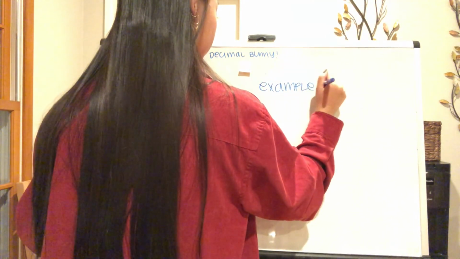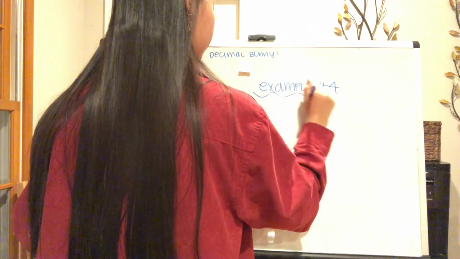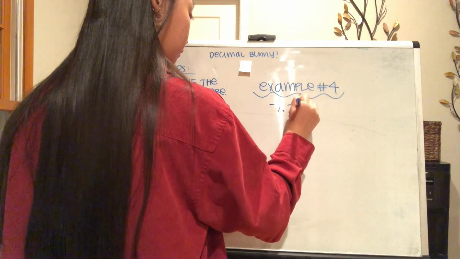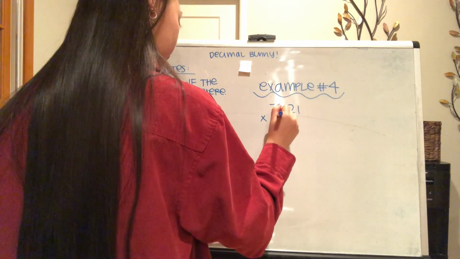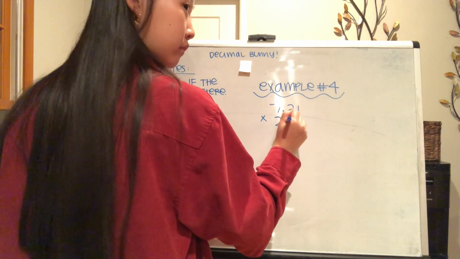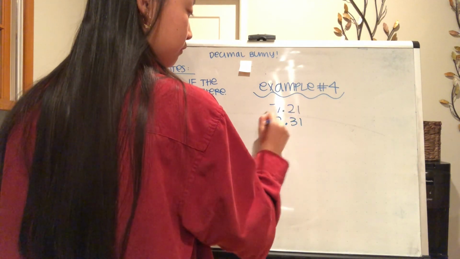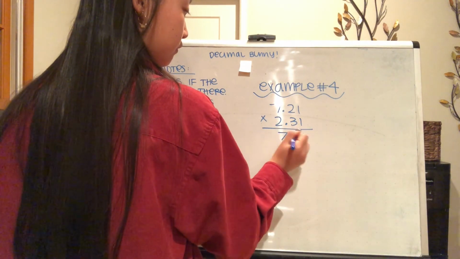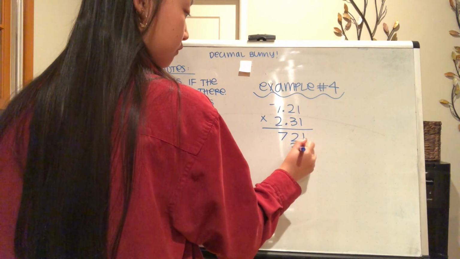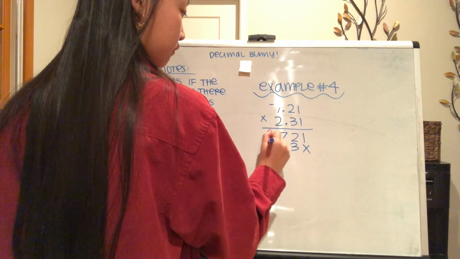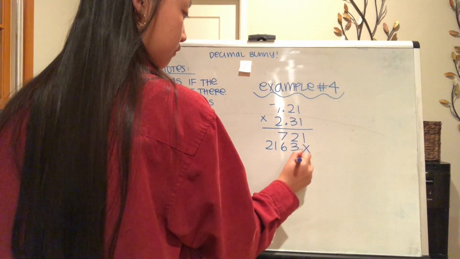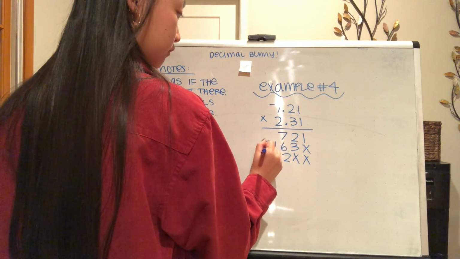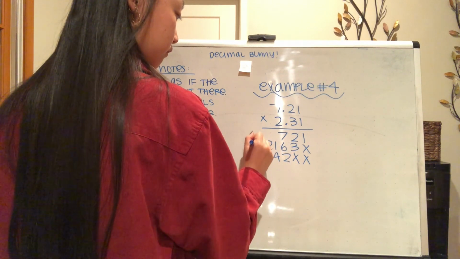And on to example 4. We're given 7.21, and then we're going to multiply it by 2.31. So 1 times 1 is 1, 2 times 1 is 2, 7 times 1 is 7, put the x, and then 3, 6, 21. Then we're going to put 2 x's, and then 2 times 1 is 2, 2 times 2 is 4, 2 times 7 is 14. And then we're going to add everything up.